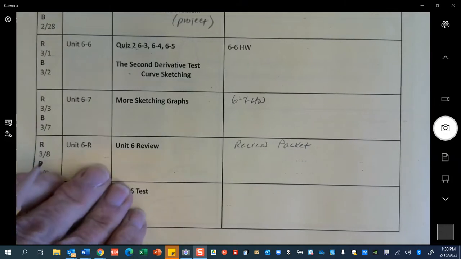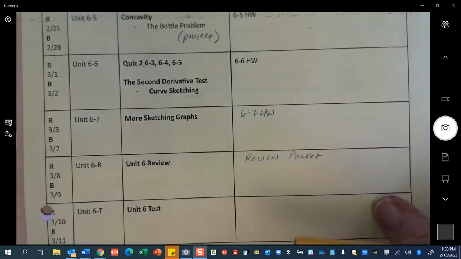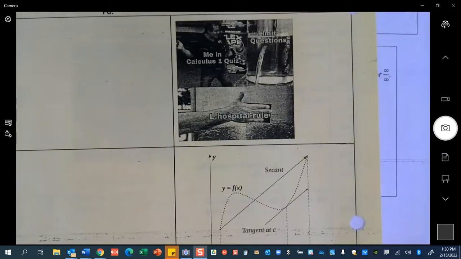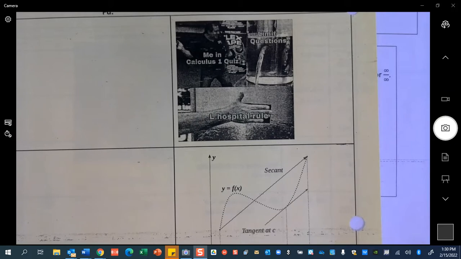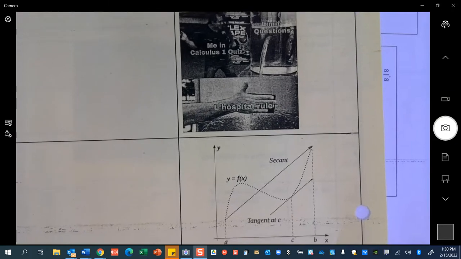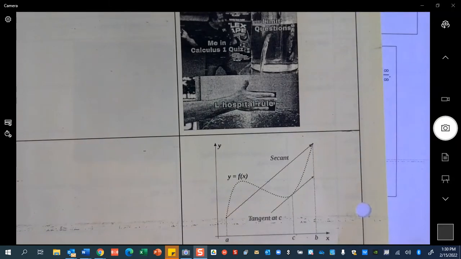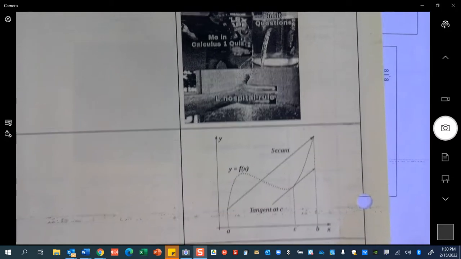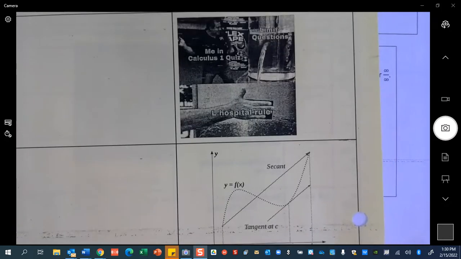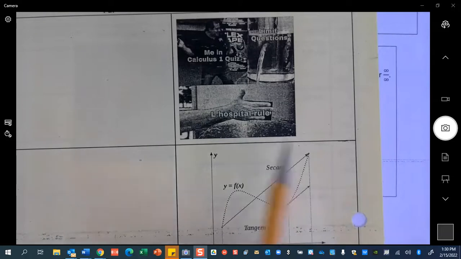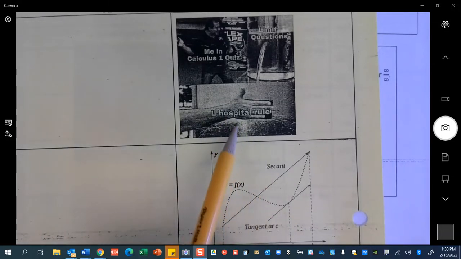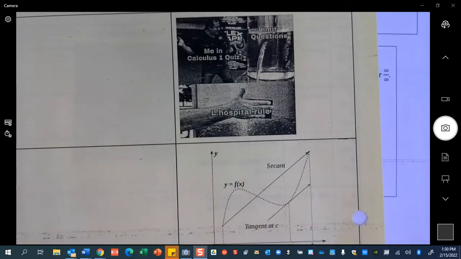So a few reminders. On the back of the page, we try to put pictures of what's coming up. So L'Hopital's rule. Yeah. So the Americanized spelling has an S in it, but we still call it L'Hopital.